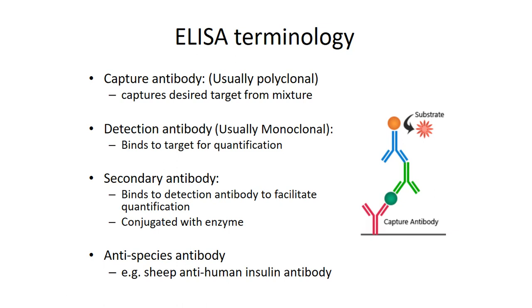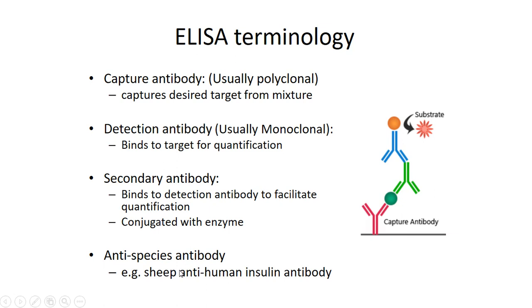In terms of this nomenclature, the first thing you consider is where the antibody was produced. Where did we extract the antibody from? In this case the antibody was produced or extracted from a sheep. The next thing is what species is the antibody targeting?